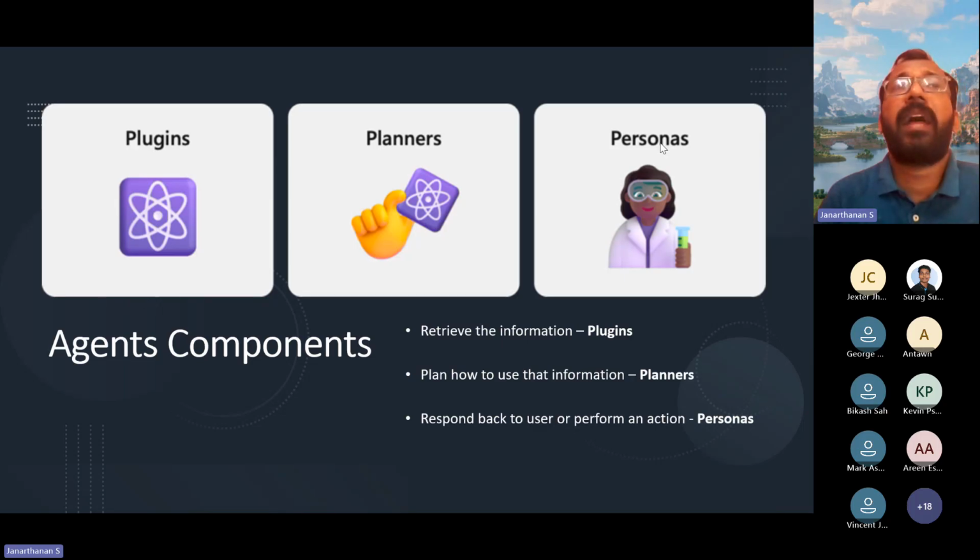If I'm creating a travel agent, then I'll be creating a travel-related persona. If I create a finance agent, then the persona will be created for finance-related use cases. So based upon the various types of use cases, you will be able to create your own personas.